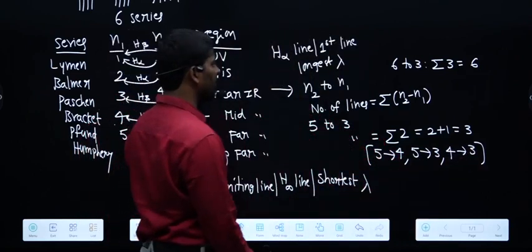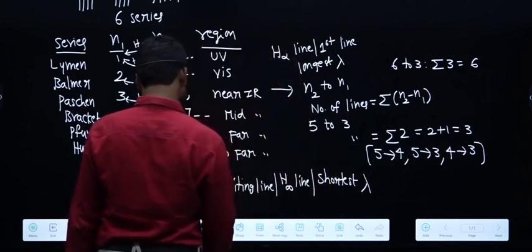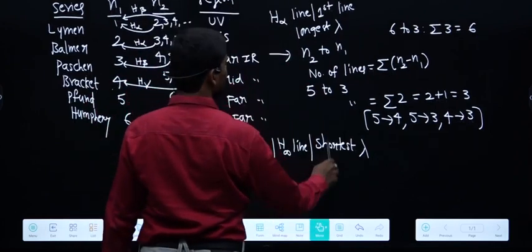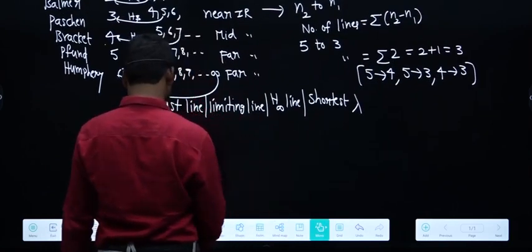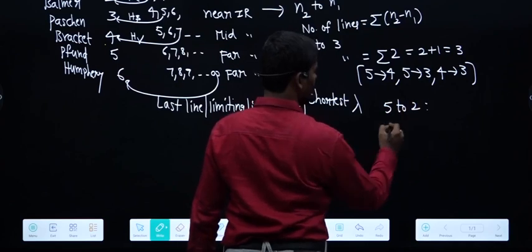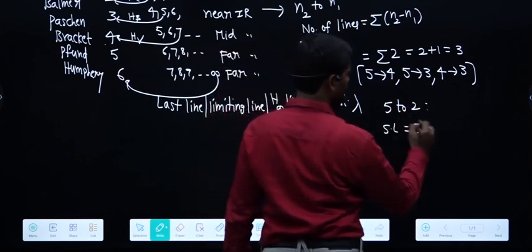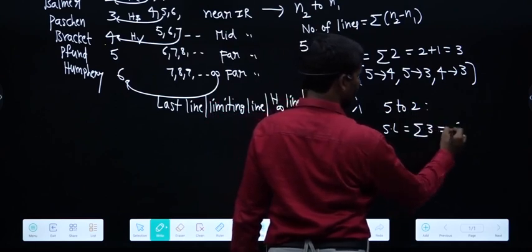For example, if you take 5th level to 2nd level, what is the number of spectral lines observed? Summation of 5 minus 2, that is 3, so we are getting 6 lines.